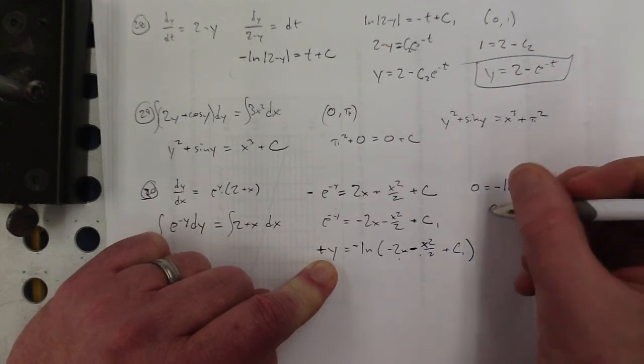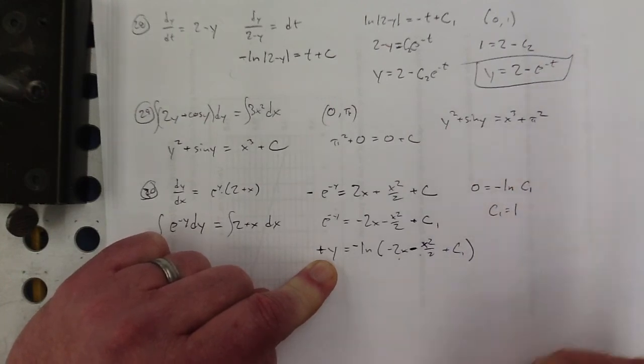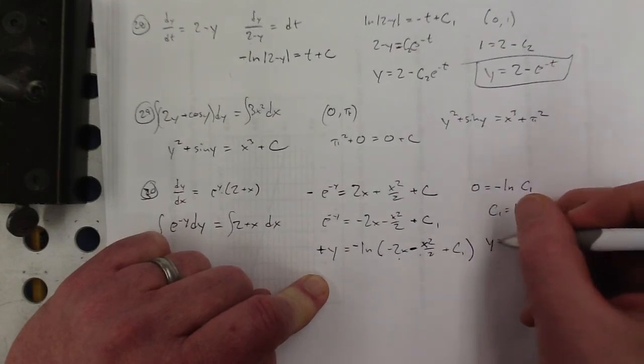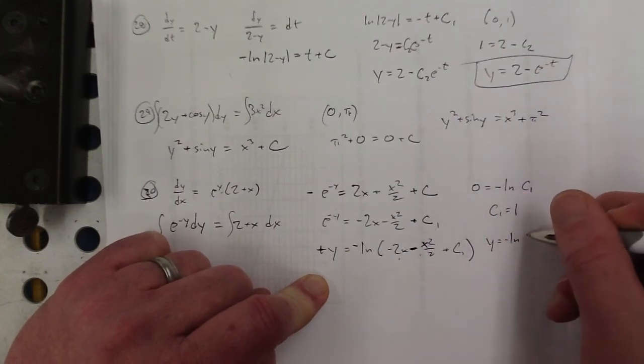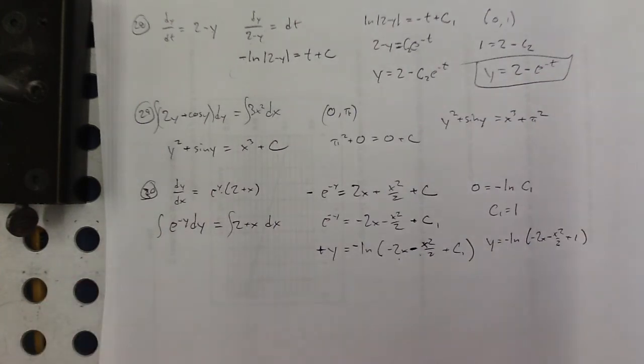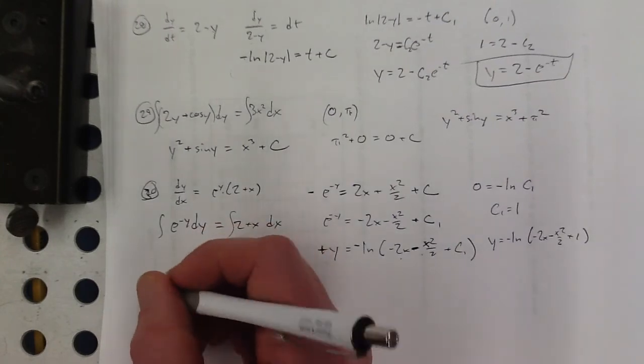So c1 has to equal 1. And there you go. So our final answer is y equals negative natural log of negative 2x minus x squared over 2 plus 1. And let's just check that. Yep. That's it.